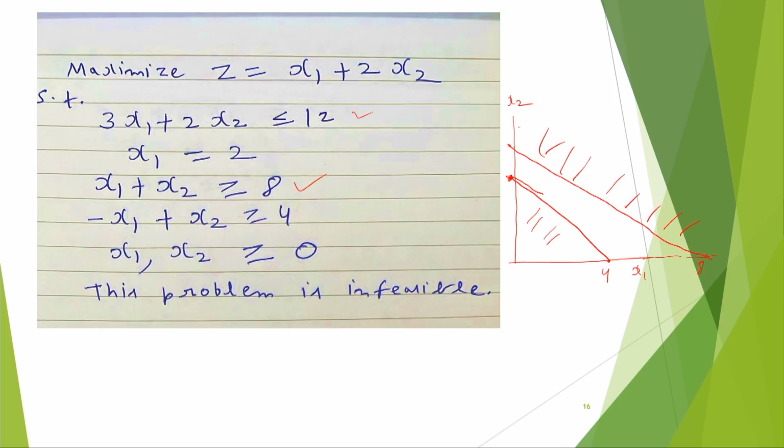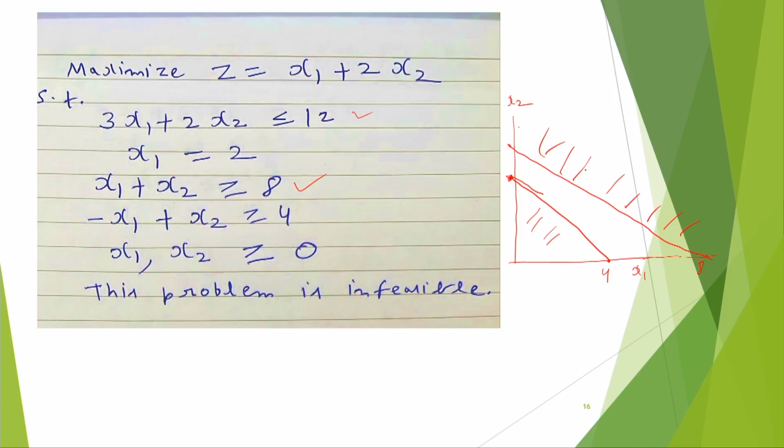Naturally, there is no solution here, because the moment you say that x1 plus x2 is greater or equal to 8, naturally 3x1 plus 2x2 smaller than or equal to 12 is not possible.